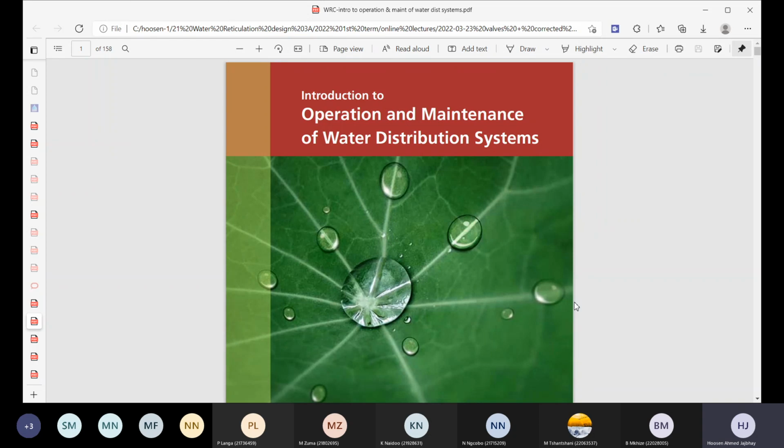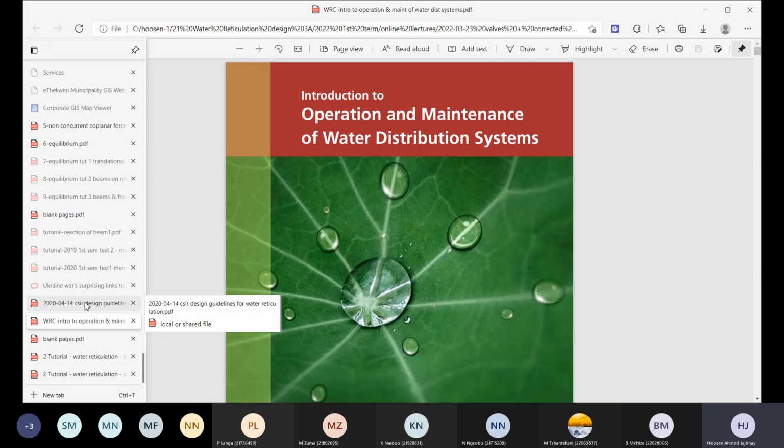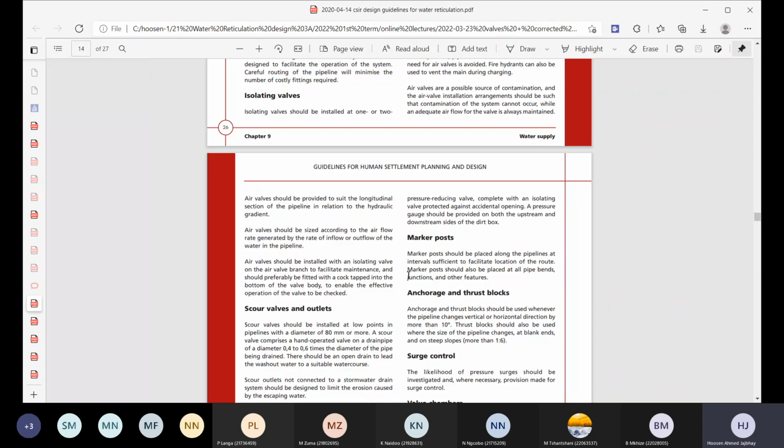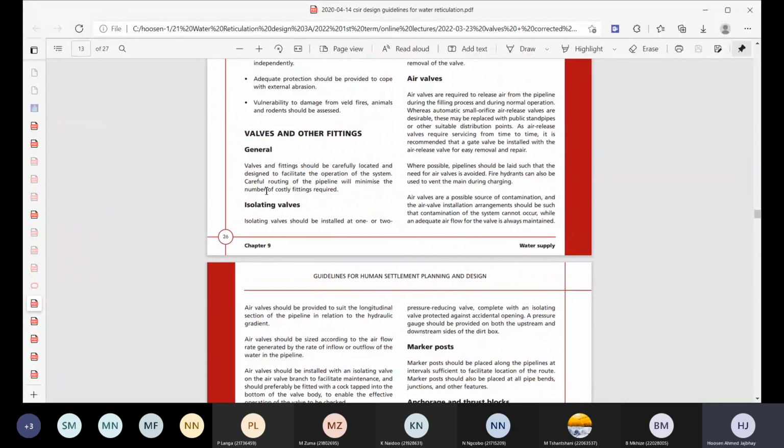The second thing I want to cover in this lecture is the section on valves and fittings in a reticulation network. There are two documents that cover that. The first one is the CSR document, and it starts, I think, on page 26 of that document.